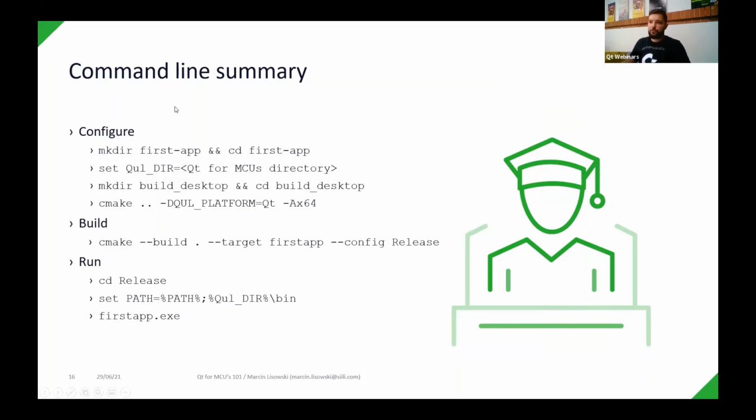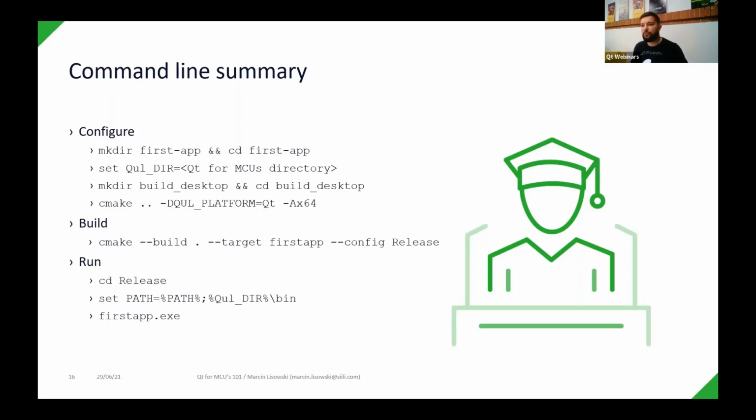So to configure your command line setup, you have to, of course, create a separate directory for your application, where you will hold your QML files and the CMake configuration. You have to define the QDIR environment variable to tell your operating system and Qt Quick Ultralite where the files from Qt Quick Ultralite are located.